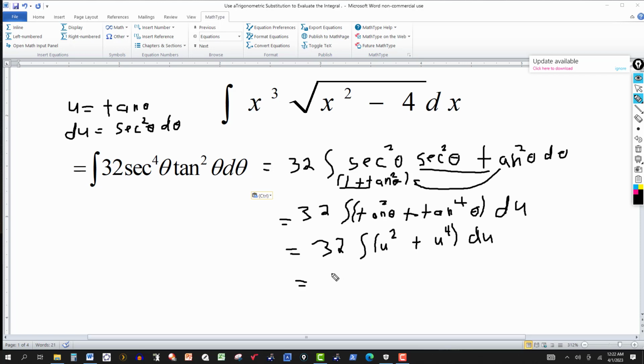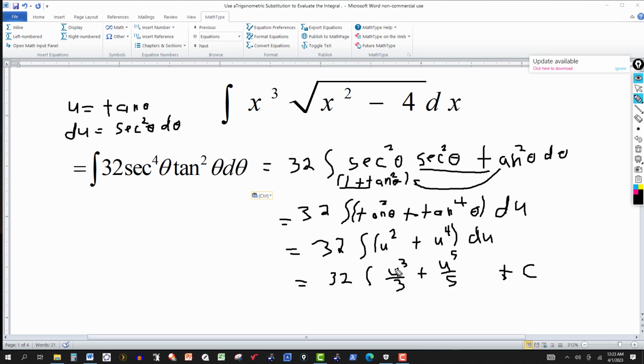So again, I'm going to leave 32 out here, and we integrate with respect to u. Basic power rule for integrals: add 1 to this one, that's 3, and divide. So this will be u to the third over 3. Plus, same thing here, u to the fifth: add 1 to the 4 and divide, we get this, and then have your constant of integration.